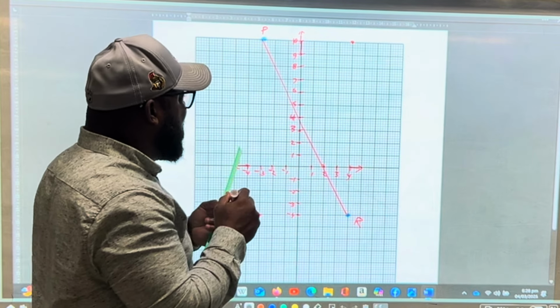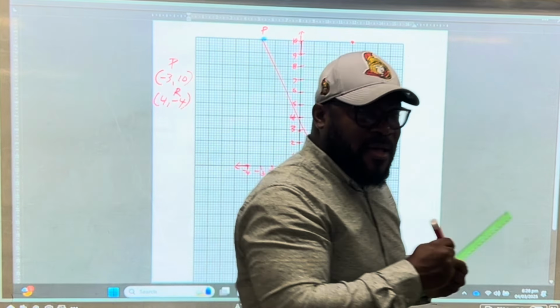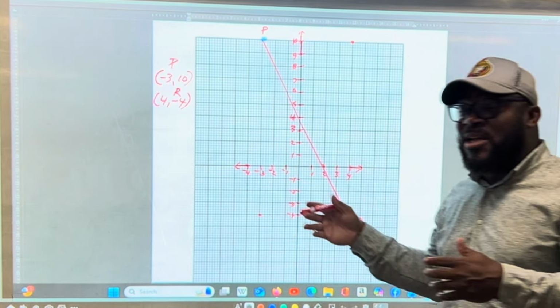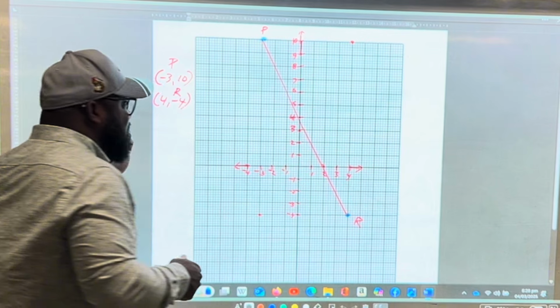It is not accurate, because the line didn't go all the way down, okay? You understand? This is not accurate, so yours has to be more accurate than mine.